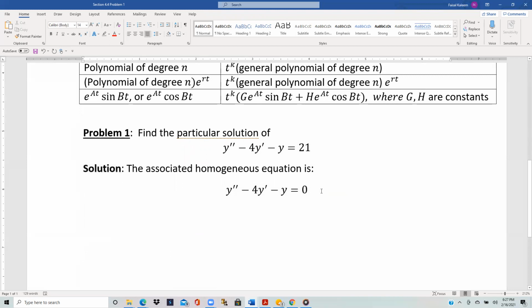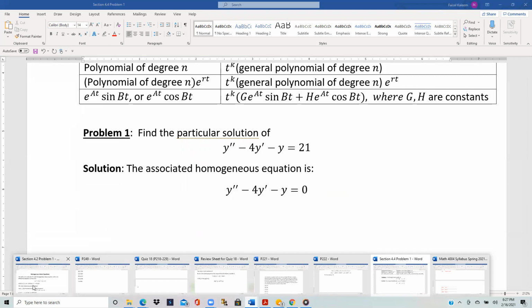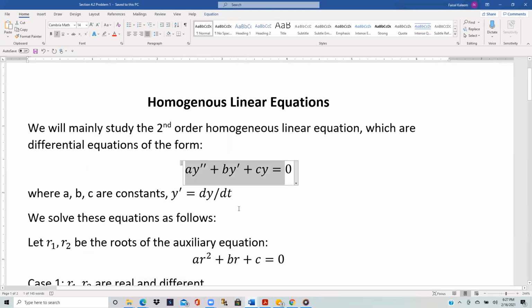Okay, so here we just use the normal process by writing the auxiliary equation.